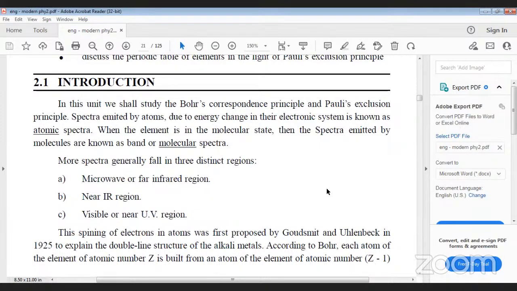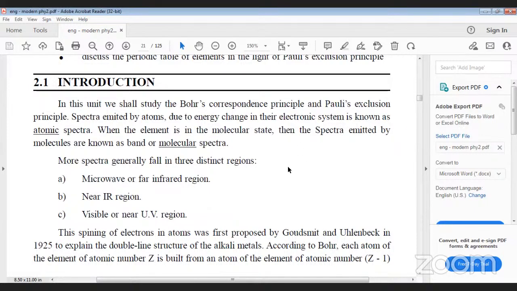Spectra are emitted by atoms due to energy change in the electronic system; you can call it atomic spectra. In the molecular state, the spectra emitted by molecules are molecular spectra. Atoms emit atomic spectra, and electrons emit electronic spectra.